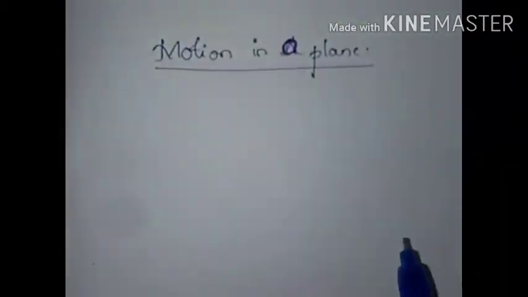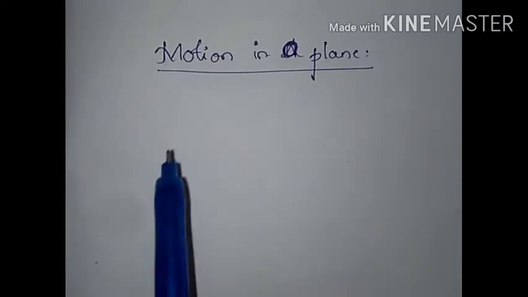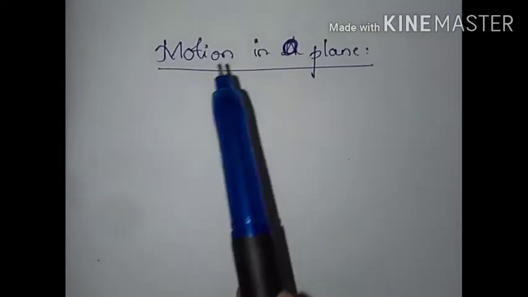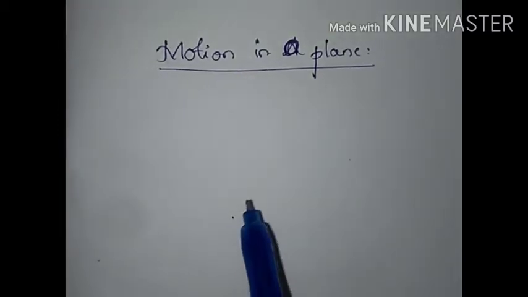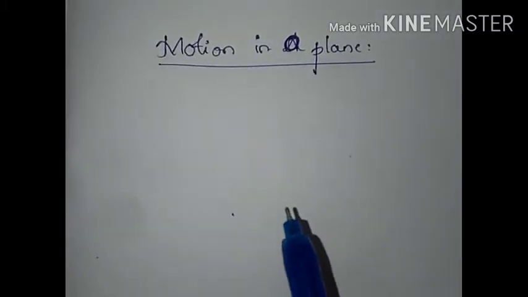So this is motion in a plane. So what could be the definition for this? Two-dimensional motion of an object or a particle is known as a motion in a plane.